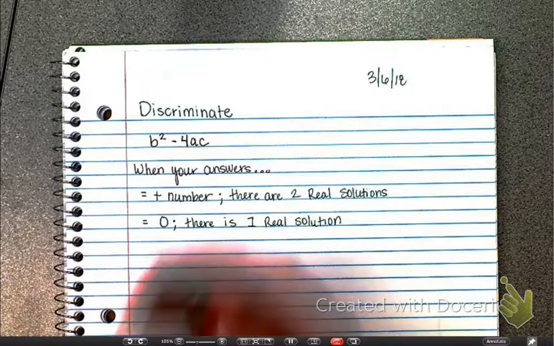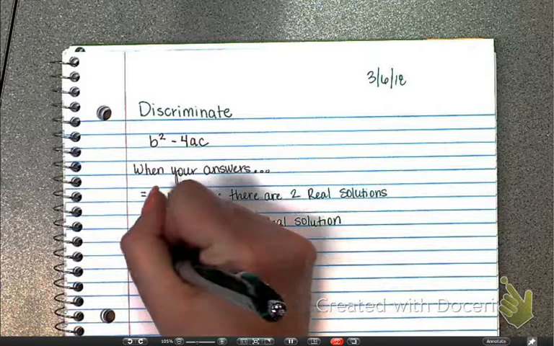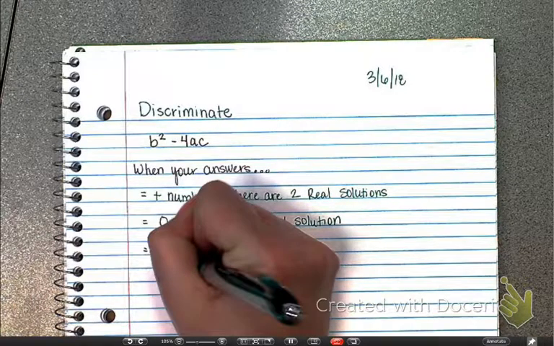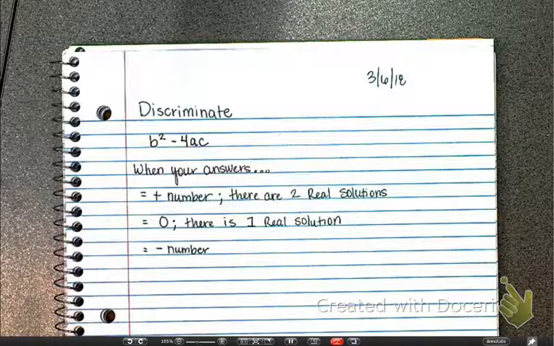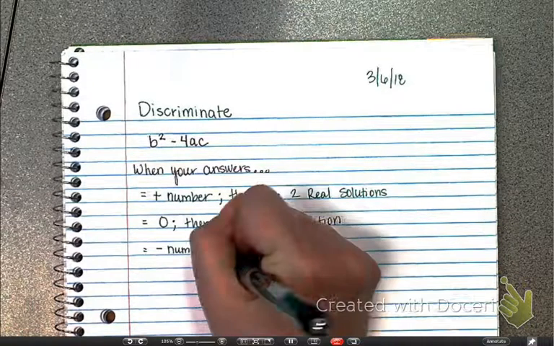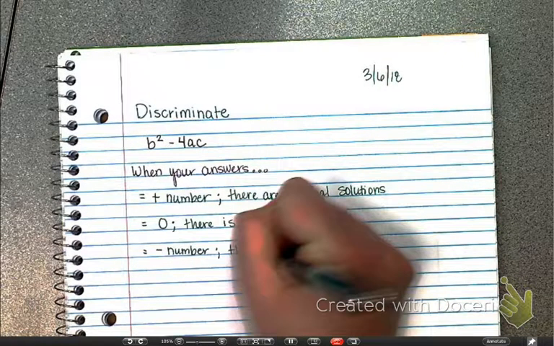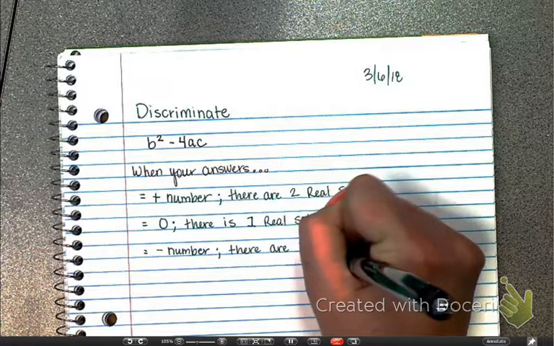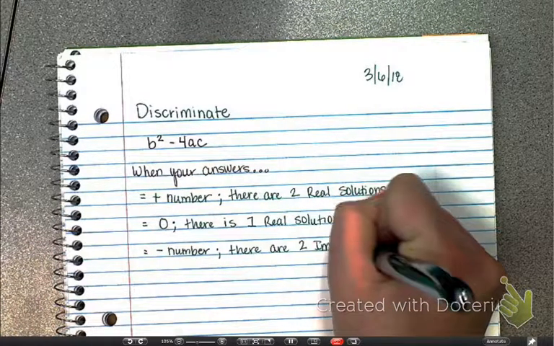And then the last thing that can happen is you can get a negative number underneath that square root, which means there are two imaginary solutions.